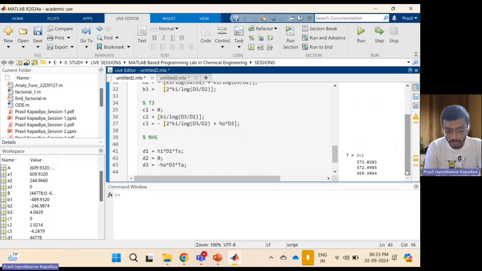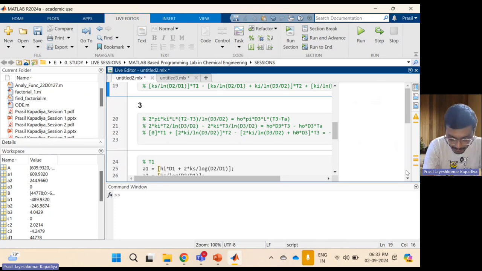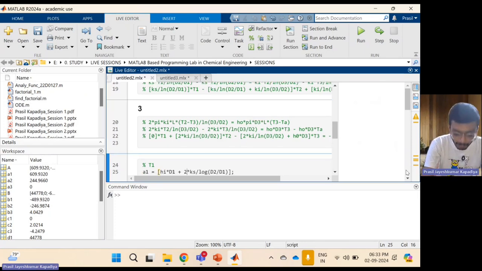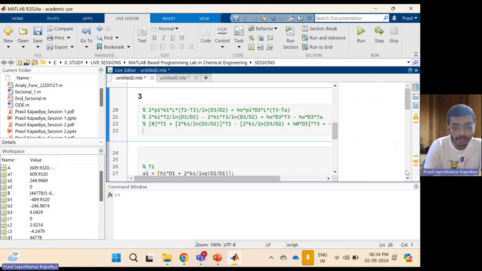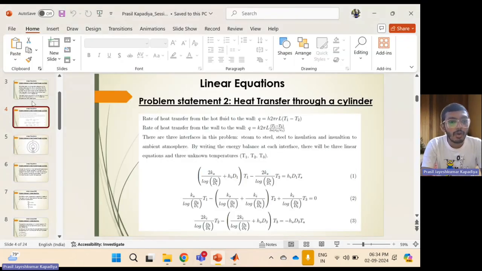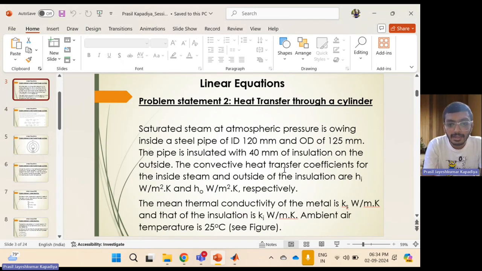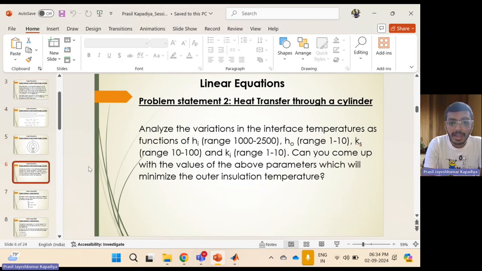But now what I need to do, I have to vary my HI values, correct? So we will have to add one loop. So let's add loop here. So I will write for. We will have total 4 loops, right? Because we have to vary 4 values: HI, H naught, KS, KI.